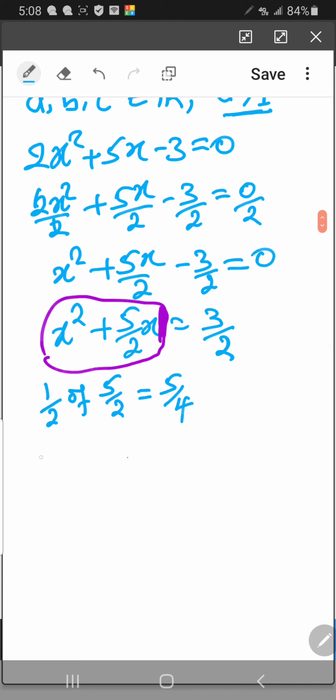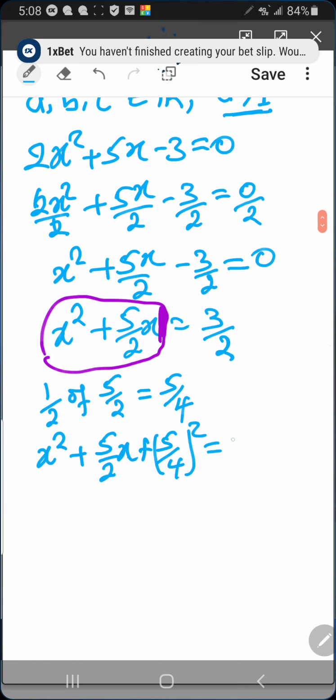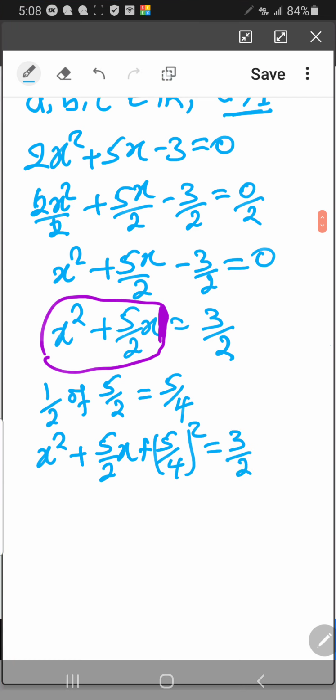This will give us x squared plus 5 over 2 x plus 5 over 4 all squared is equal to 3 over 2 plus 5 over 4 all squared. You see? Now, the left hand side is a perfect square.